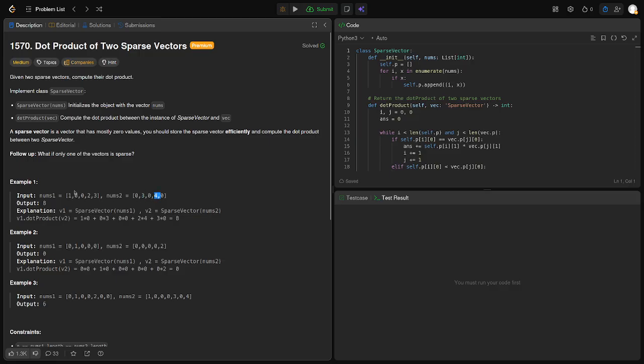So we just want to represent somehow these positive numbers. Then we just have to store the positive numbers.